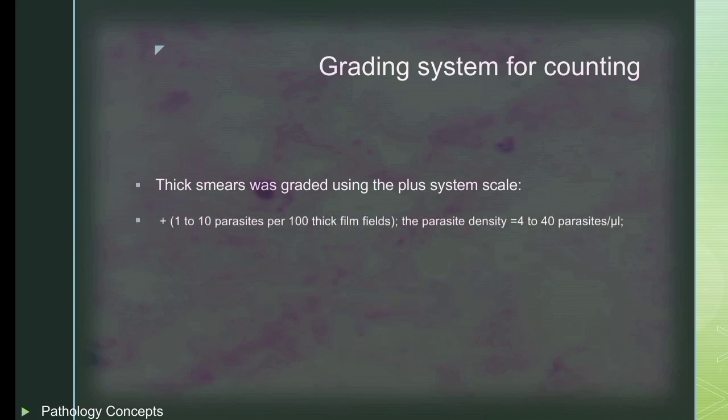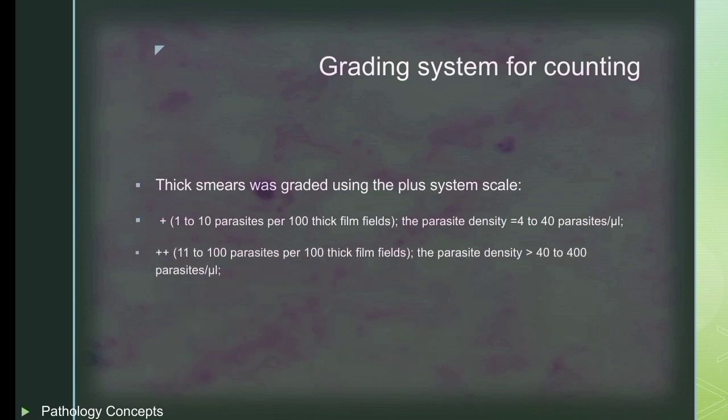Plus 1 is 1 to 10 parasites per 100 thick smear fields. Parasite density is equal to 4 to 40 parasites per microliter. Plus 2 is 11 to 100 parasites per 100 thick smear fields. Parasite density is equal to 40 to 400 parasites per microliter.